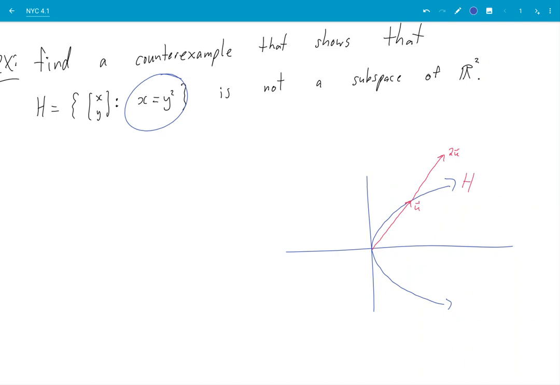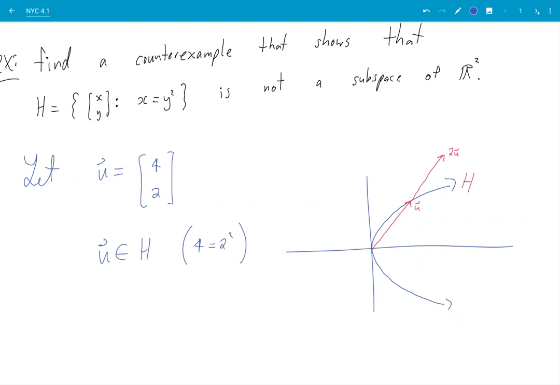So just choose some U that passes this test. Let U equal (4, 2), with 4 for the x. So we'll just state U is in H, because 4 is equal to 2 squared. That's why.